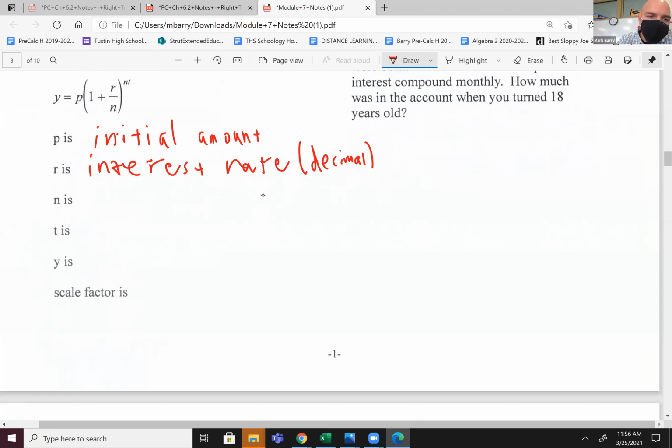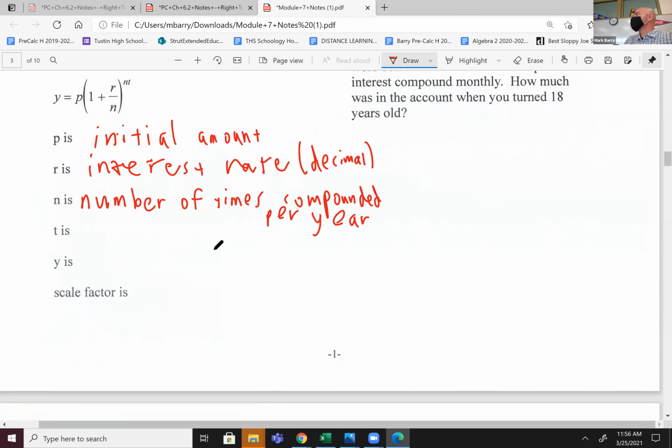n is kind of our new thing here. This is number of times compounded per year. Number of times compounded per year.